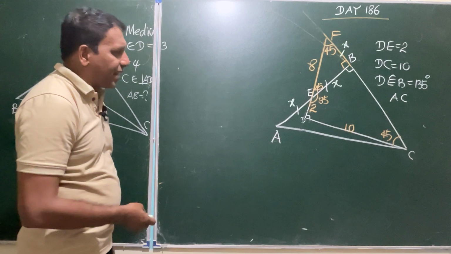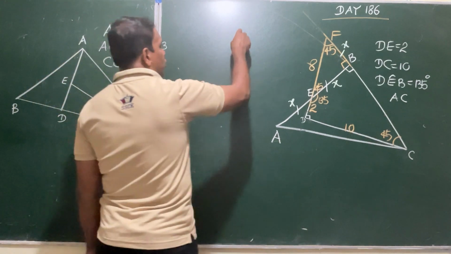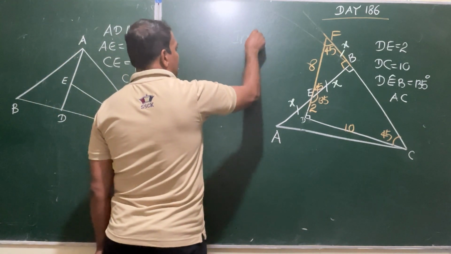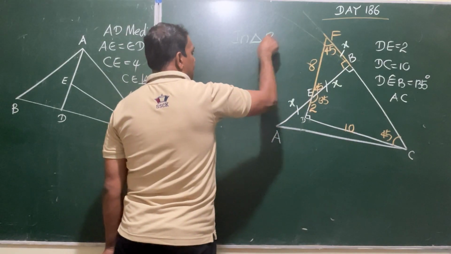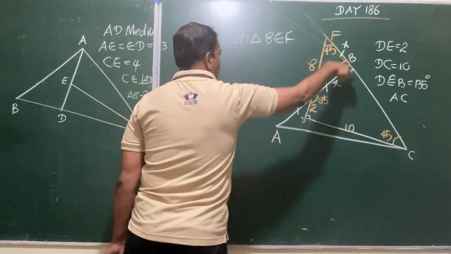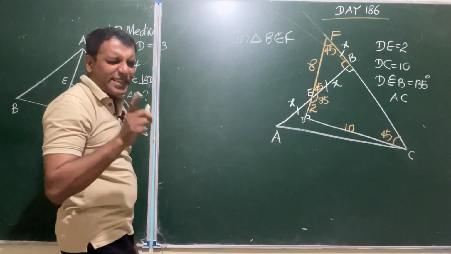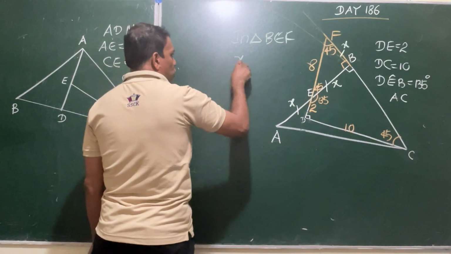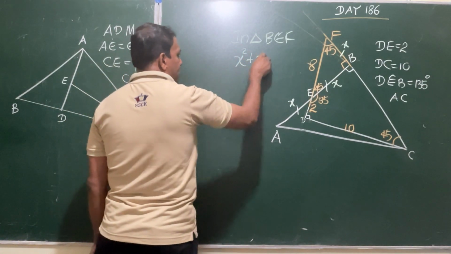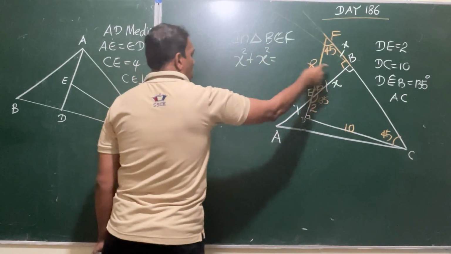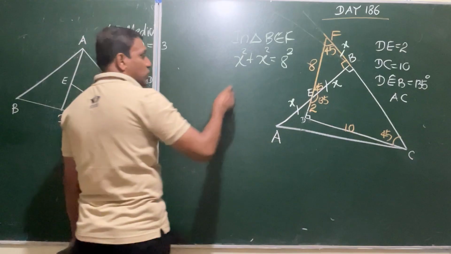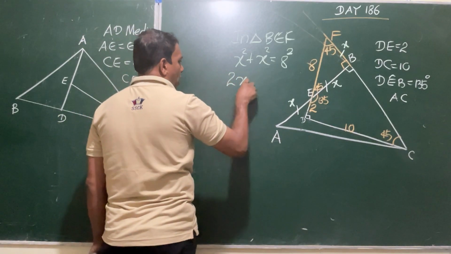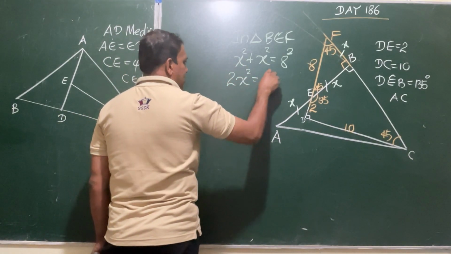Now see in triangle BEF, right? In triangle BEF, what is the Pythagoras relation? x squared plus another x squared equals the hypotenuse squared, the side opposite 90 degrees, right? x squared plus x squared, 2x squared equals 64.